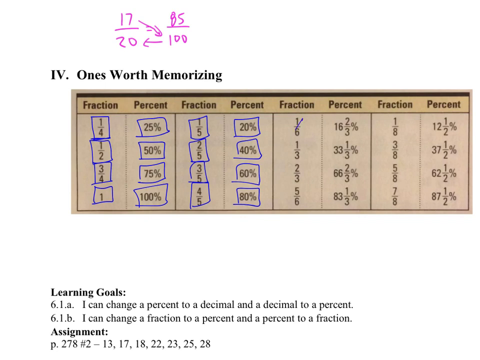I would probably not worry about 1/6, and I probably wouldn't worry about 5/6. Those are kind of rough ones. You could memorize them, that's your choice. 1/3 and 2/3 though, we should know by heart. Those ones come up a lot.